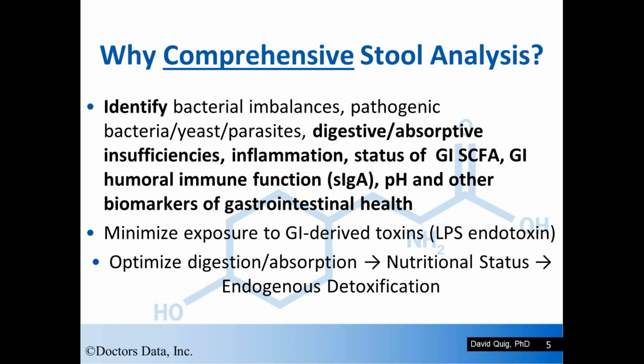We do that so that we minimize exposure to GI-derived toxins, such as the lipopolysaccharide endotoxin, and to optimize digestion and absorption so that we can enable optimal nutritional status, and that in turn enables optimal endogenous or innate detoxification processes, which are inducible given the right nutrients and botanicals.